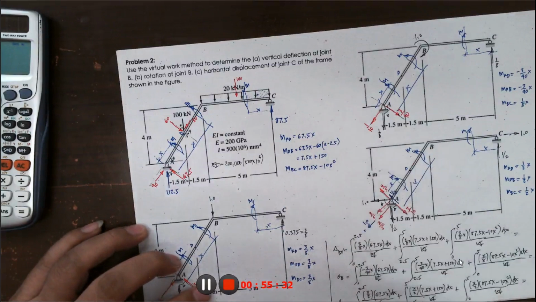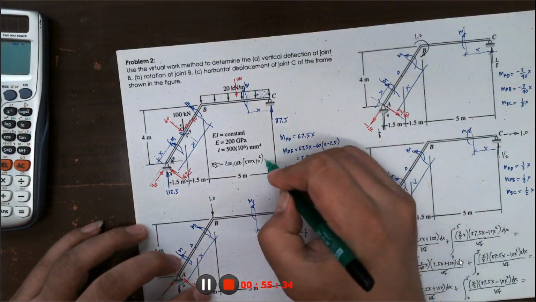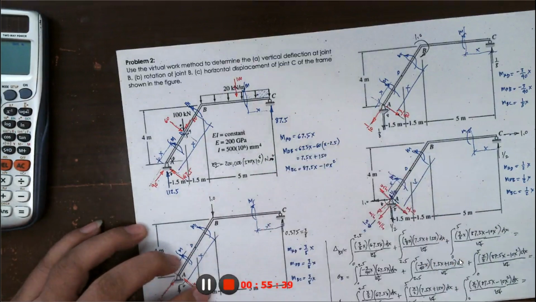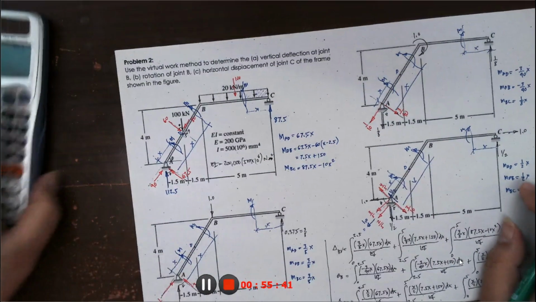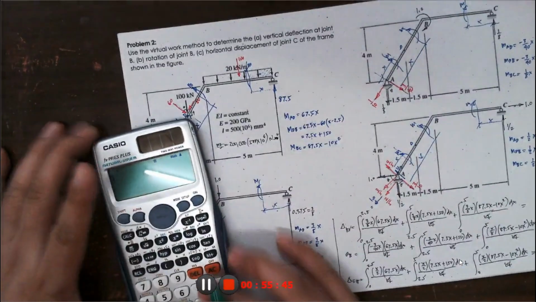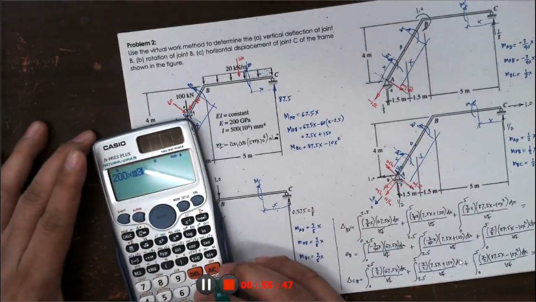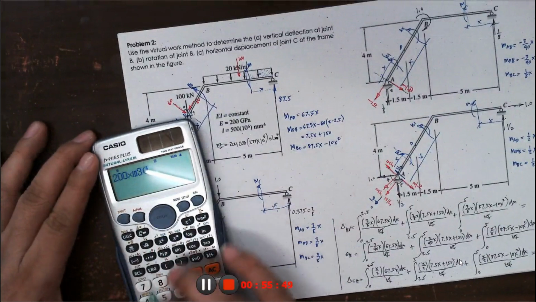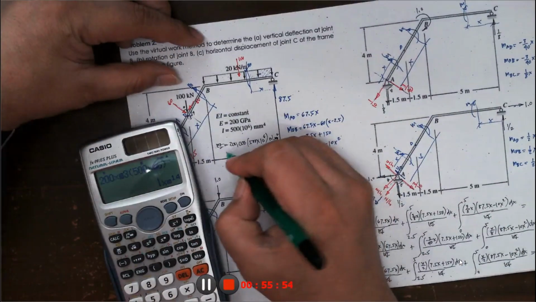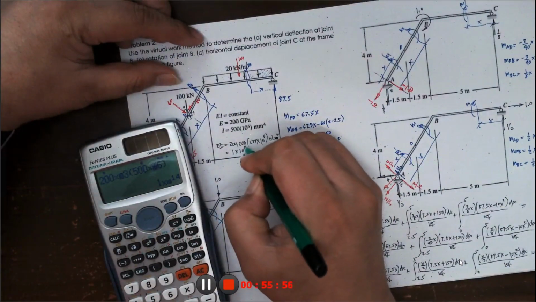So, ang magawas is Newton millimeter squared. Yan. Kailangan na ba? 200,000 times 500 exponent 6, 1 exponent 14. Okay. Sige.